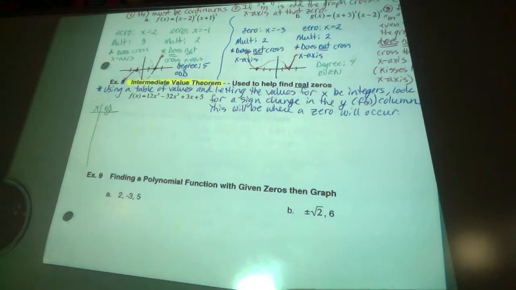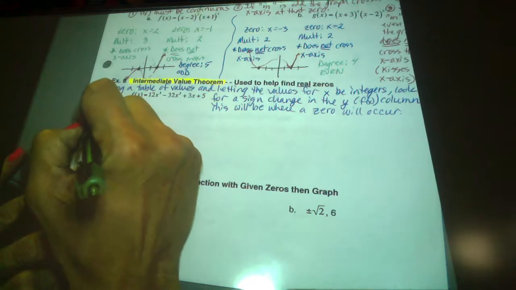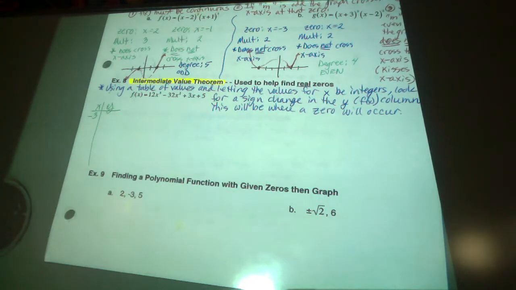I'm just going to tell you right now, you're not going to have a really small or a really big 0 when you're doing this because you won't be able to calculate that by hand. So my suggestion would be you start at, I don't know, negative 3 or negative 4 when you don't have anything to look at.